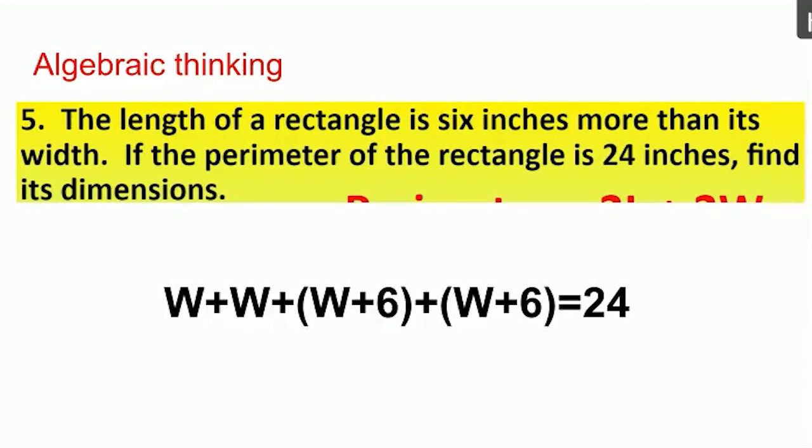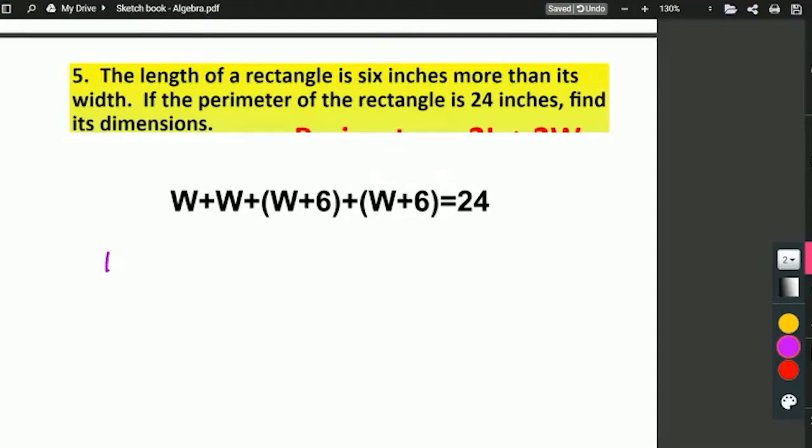And that's when we need algebra. So we give it a letter. We say this is our width, and therefore the length is 6 inches more.